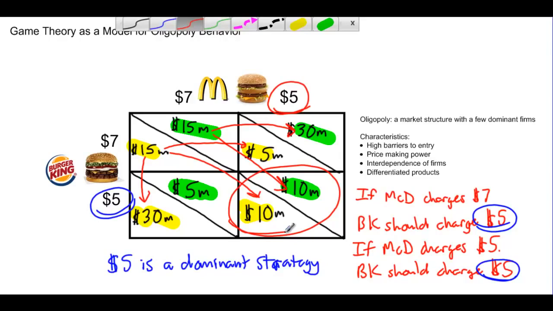Other games might include whether to advertise or not to advertise, whether to offer discounts or not to offer discounts, whether to have a spring sale or not to offer a spring sale. The profits of firms depend not just on what the firm itself does, but just as importantly, a firm's profits in oligopoly depends on what its competitors will do.